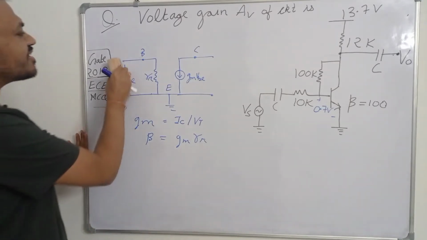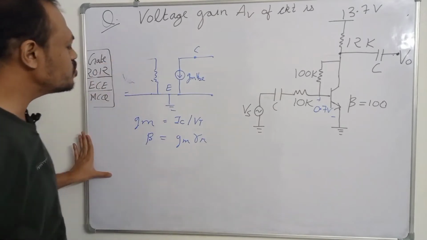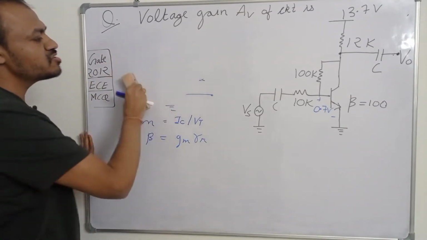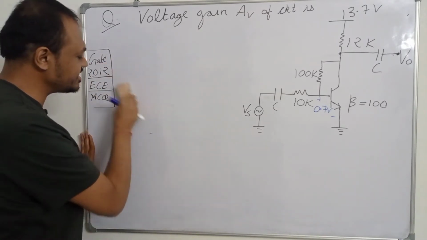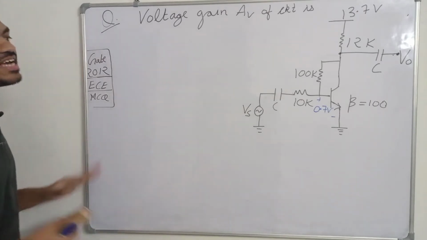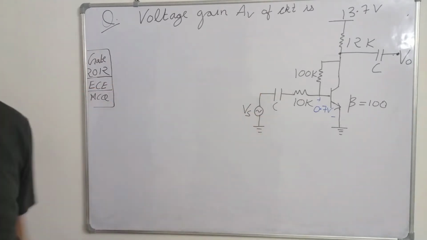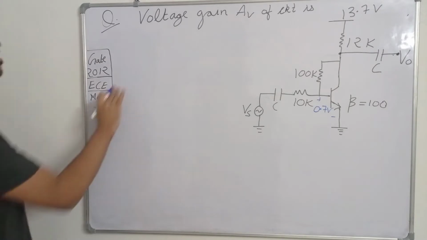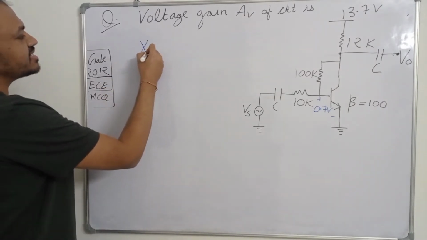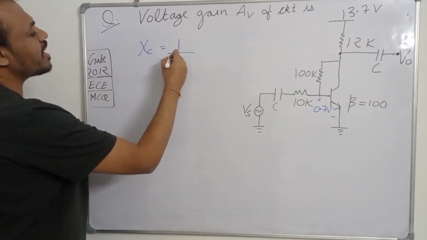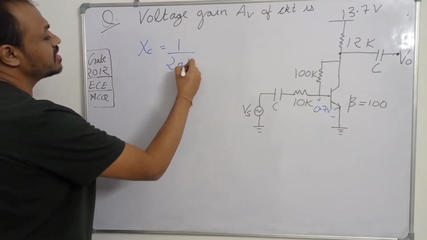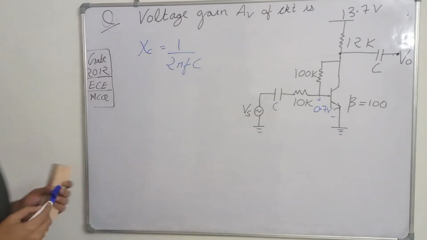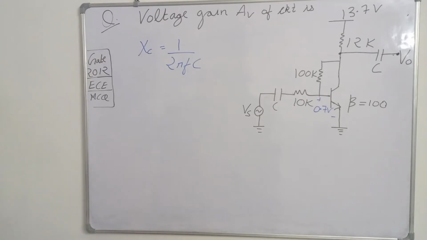So for finding the value of the collector current, we have to do the DC analysis. For DC analysis the capacitors will be considered as open circuit, because the capacitive reactance is given as 1 upon 2 pi fC. And for a DC source, the value of frequency is 0.